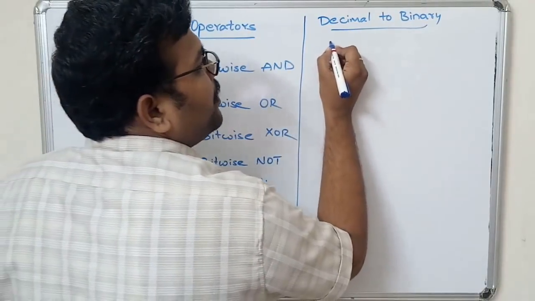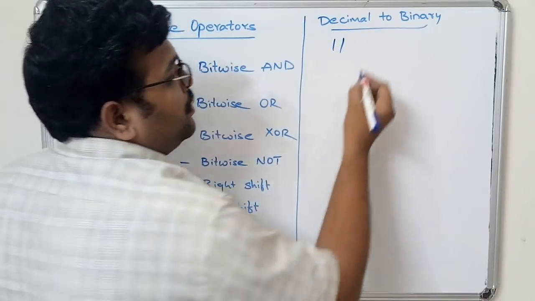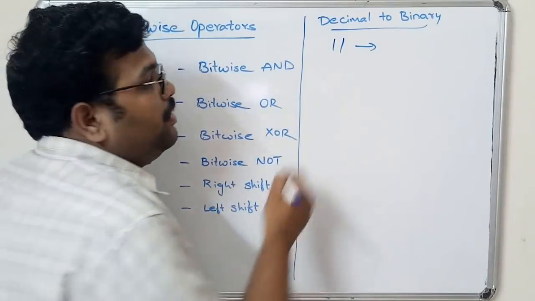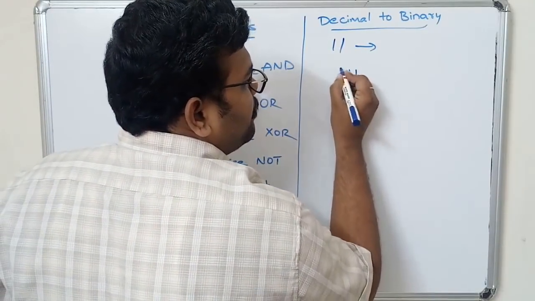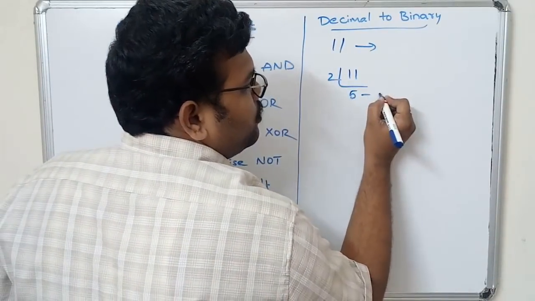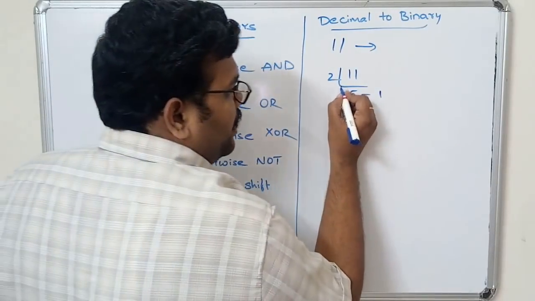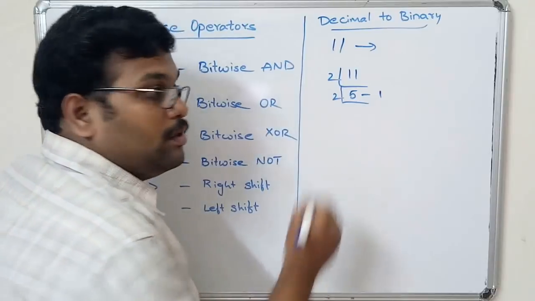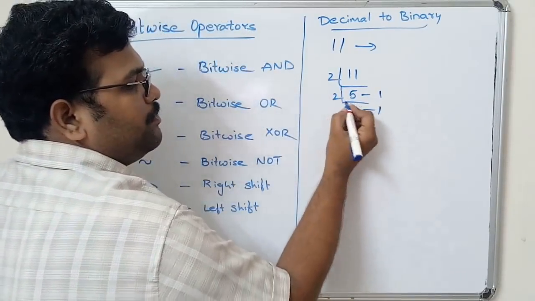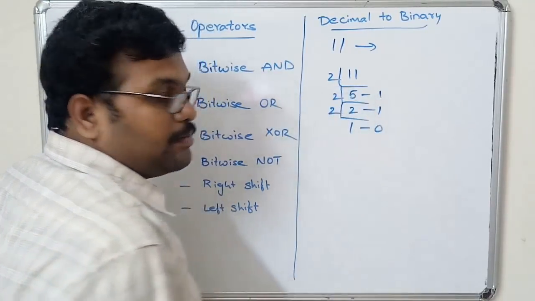Let us take 11. We have to find its binary equivalent. Apply the procedure: divide by 2, 2 5s are 10, so the remainder is 1. Again divide by 2, 2 2s are 4, the remainder is 1. Again 2 1s are 2, remainder 0.